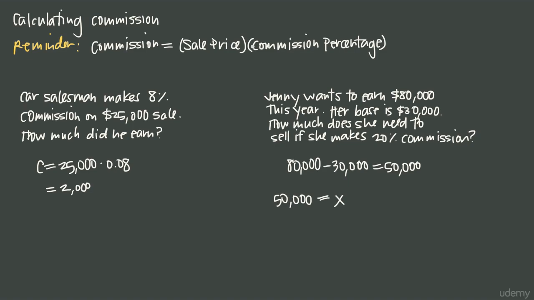So we put in an X for that, but then we know the commission percentage is 20%. If we convert that to a decimal, that's 0.2. So we change 20% into a decimal, that's 0.2. It's not 0.02 because that would be 2%. 20% is 0.2. So we just set up this equation and then we solve for X because X is going to be sale price.